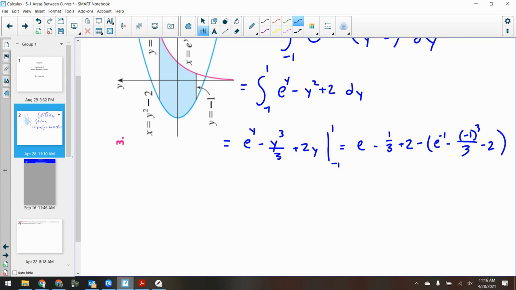Really, that all simplifies down into e minus 1/3 plus 2 minus e to the -1. This is going to be a negative here, so that's going to cancel out to be a positive, but when I distribute the negative, it's going to go back negative. Minus 1/3. And then plus 2.